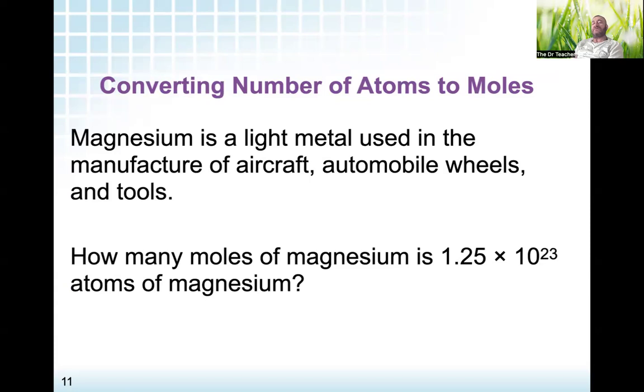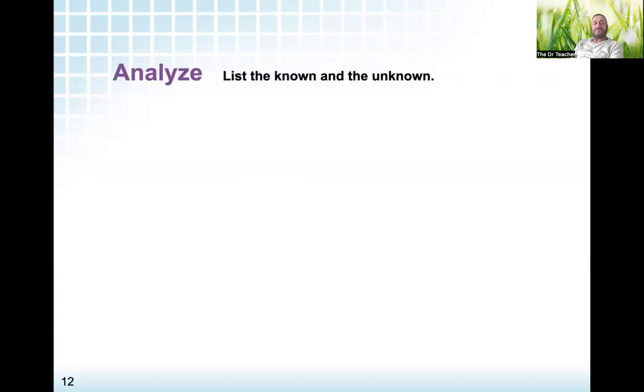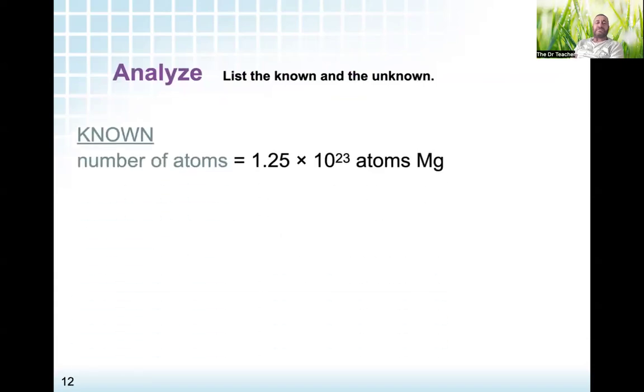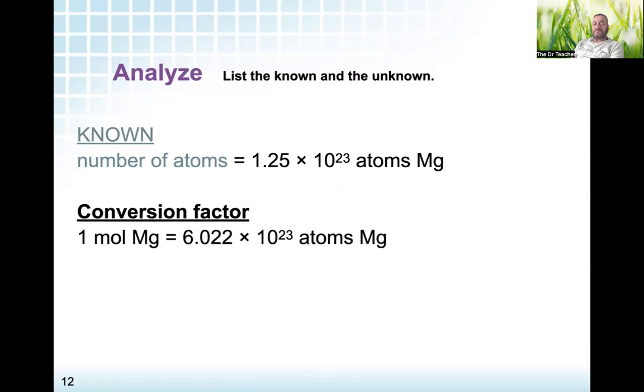What are you going to do? Analyze. We know the number of atoms of magnesium is 1.25 times 10 to the power 23. That's what's being given, but we need to convert this number.